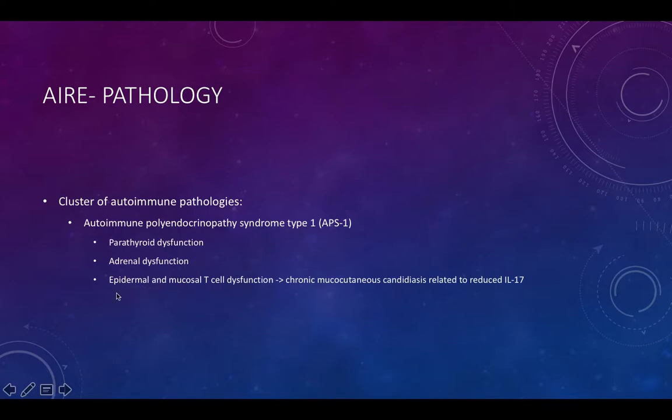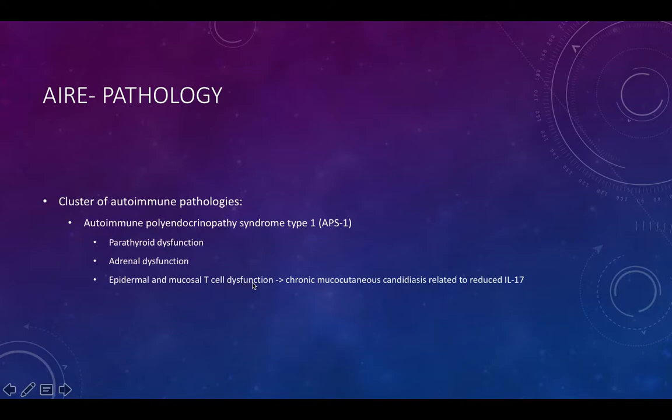Lastly, you can also affect your epidermis and mucosal linings, because they are rife with T cells, with macrophages and dendritic cells that activate T cells. So the dendritic cells can take antigens to these self-reactive T cells, resulting in dysfunction.